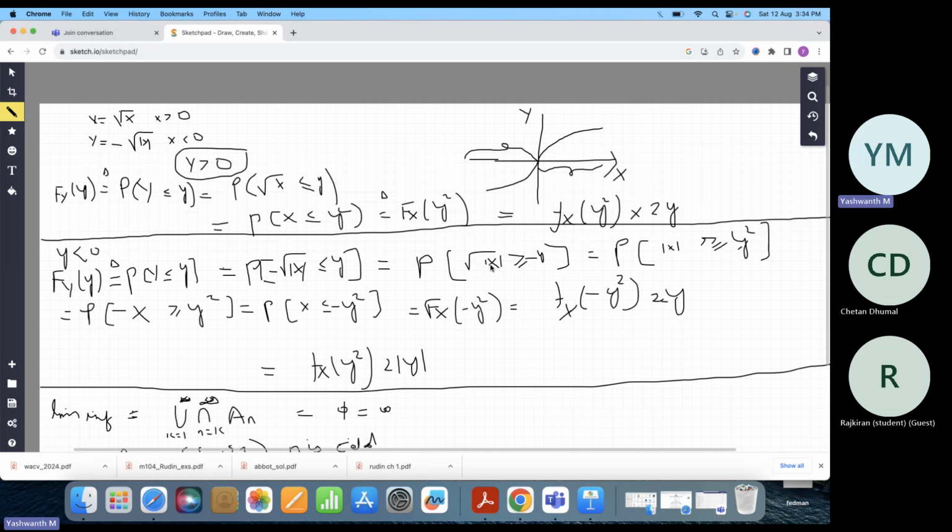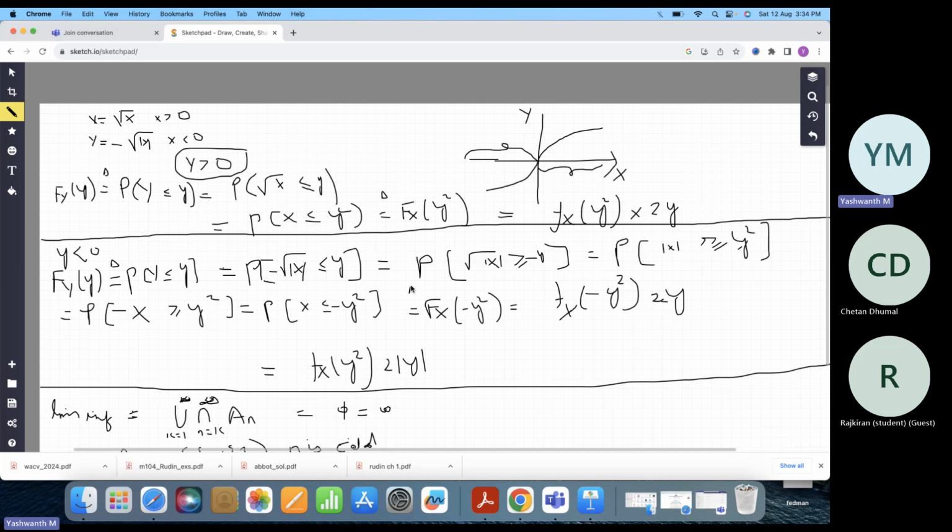And this is less than or equal to y. When you multiply with minus, your inequality is reversed. That's why this is greater than or equal to minus y, and this is mod x greater than or equal to y square. When x is less than 0, mod x is minus x, so when you switch the negative sign it goes to minus y square. This is nothing but Fx of minus y square.